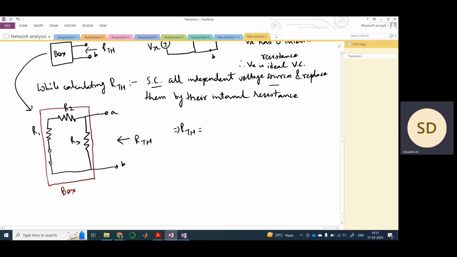Simply, for finding out the resistance, you need to consider a current I here. As you can see, this I is getting divided into two parts, I1 and I2. This I1 is flowing through both R1 and R2, therefore R1 is in series with R2, and its combination is in parallel with R3.